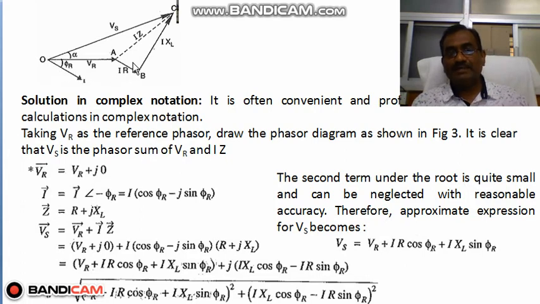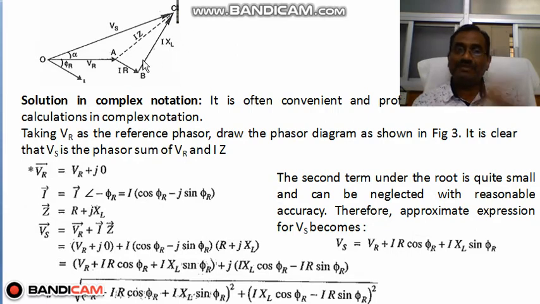The same current flowing through the inductance creates an inductive voltage drop, that is I into XL, and this voltage drop leads this current by an angle of 90 degrees. When you add these two drops to VR, what we get is Vs. So Vs is equal to VR plus IR plus IXL.